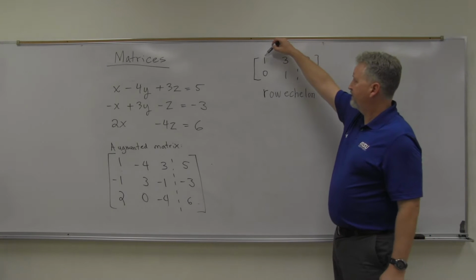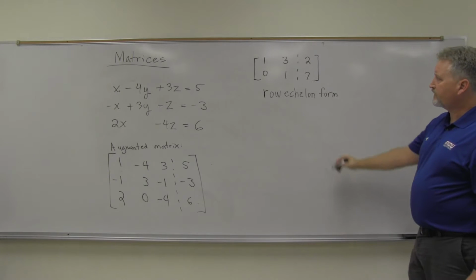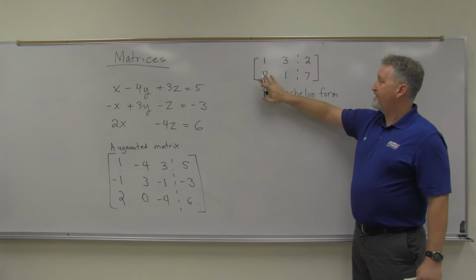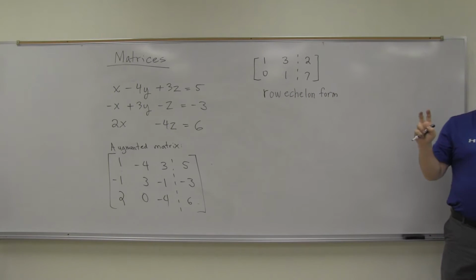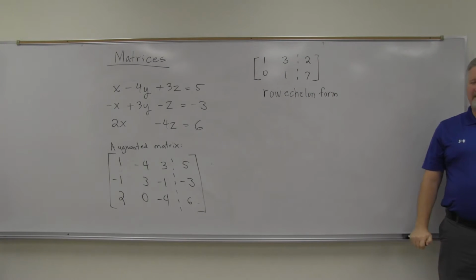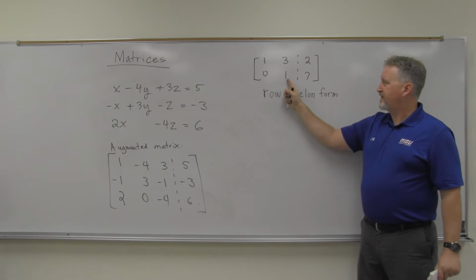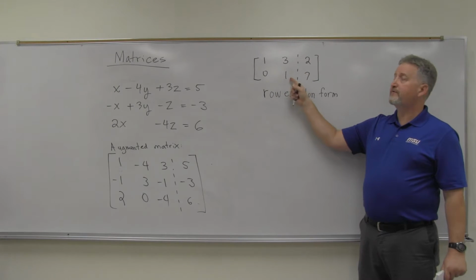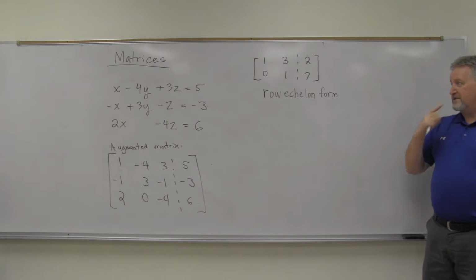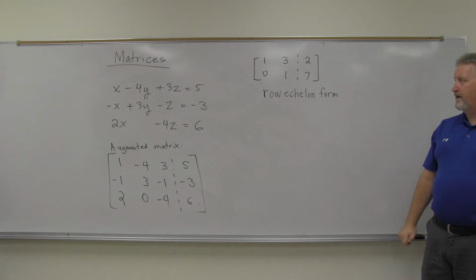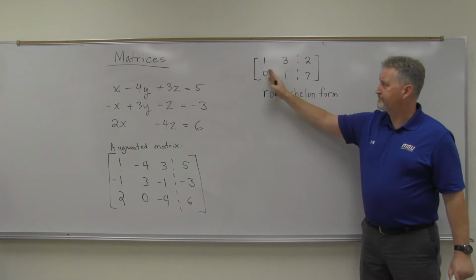The first row starts with 1 in the upper left corner. Then the one below it has a 0 below the 1, and the first non-zero value is also a 1. So that's kind of how row echelon form works. You got 1s along the diagonal, and then zeros.